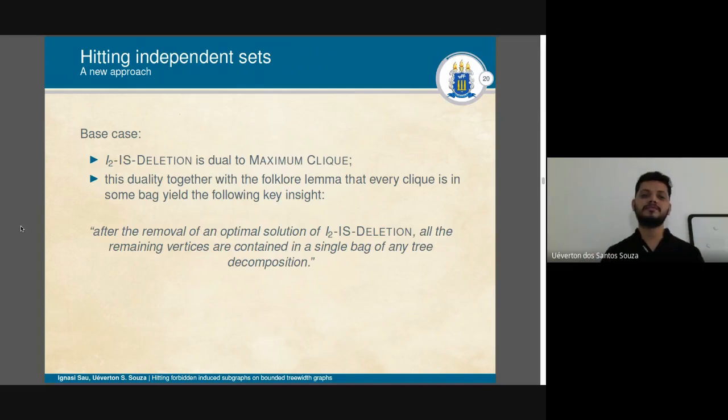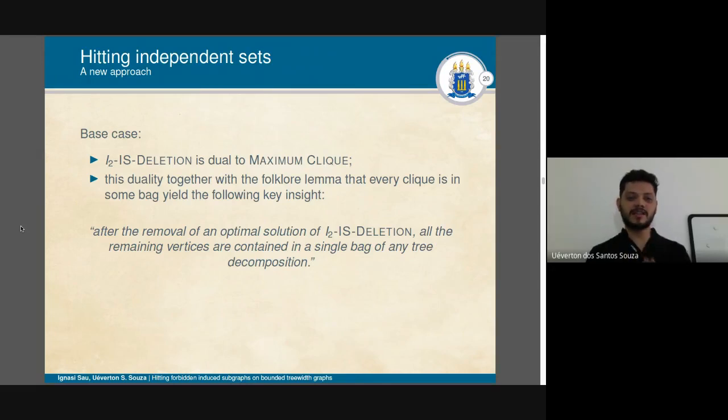To do that, we must think about independent set deletion, and the base case is independent set of size 2 deletion. This kind of problem is the dual of the maximal clique.